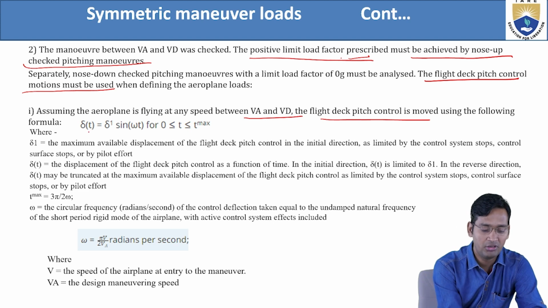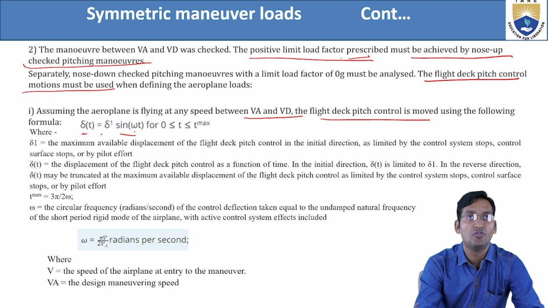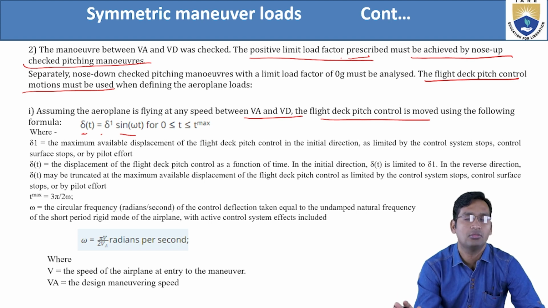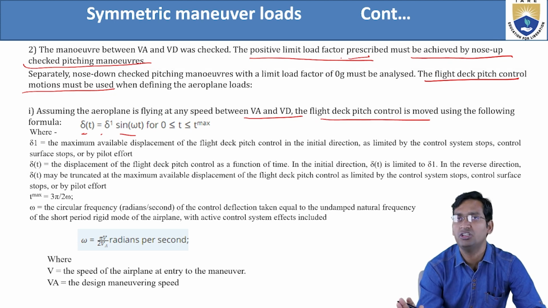Delta T is delta 1 sine omega T, for T greater than or equal to 0 and less than or equal to T max, meaning T goes from 0 to T max only. So it reaches a maximum of T max and a minimum of 0.